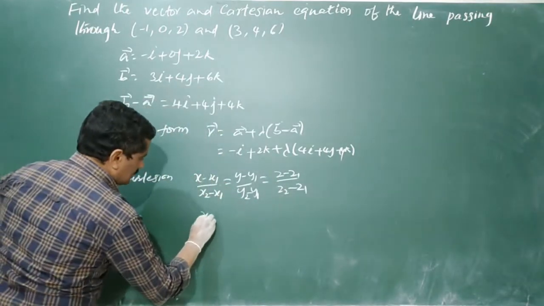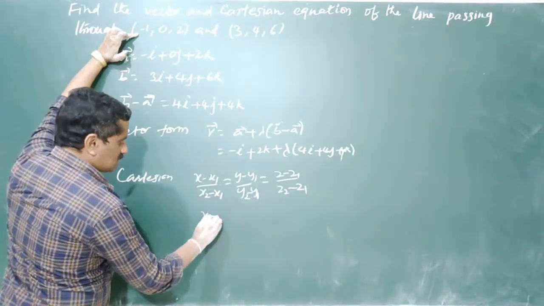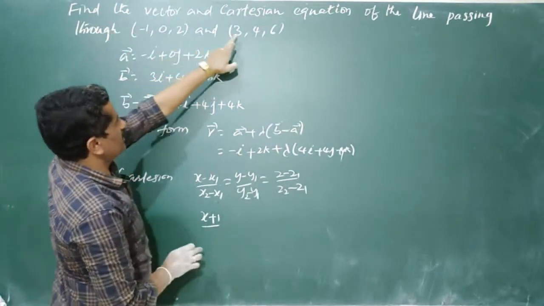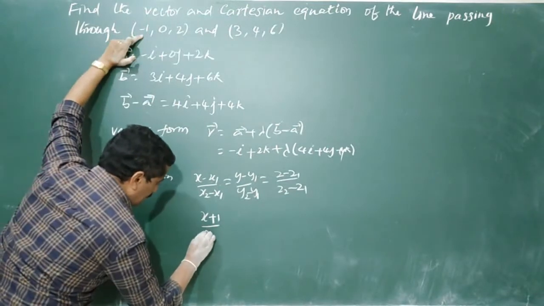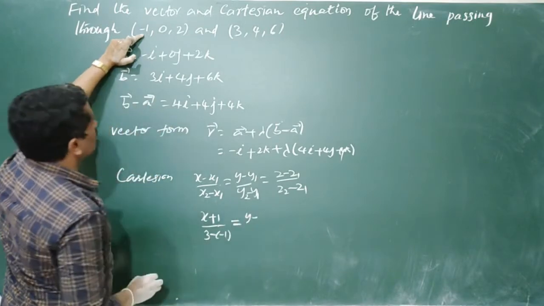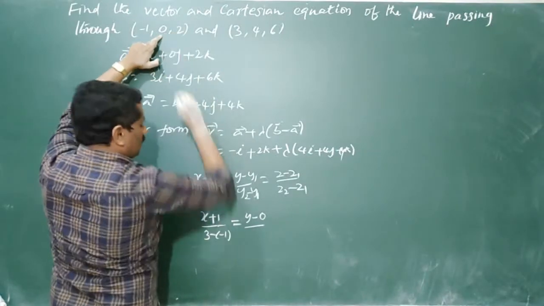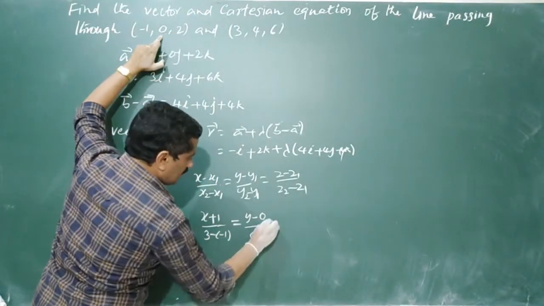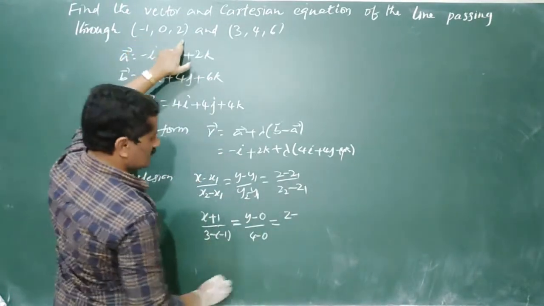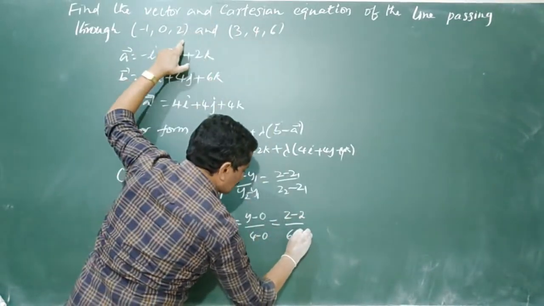Again that implies (x minus x1), we have minus 1, so minus of minus becomes plus 1, by (x2 minus x1), that is 3 minus of minus 1, is equal to (y minus y1), that is 0, by (y2 minus y1), that is 4 minus 0. Again that is equal to, we have (z minus z1), so that is 2, by (z2 minus z1), that is 6 minus 2.